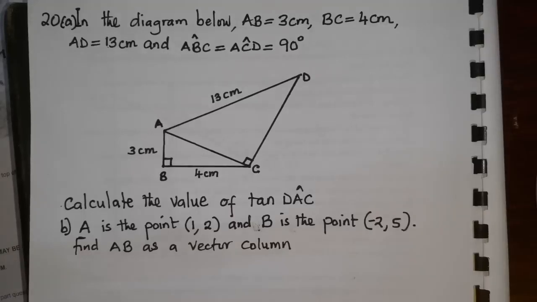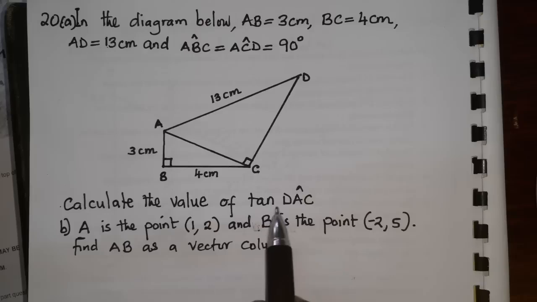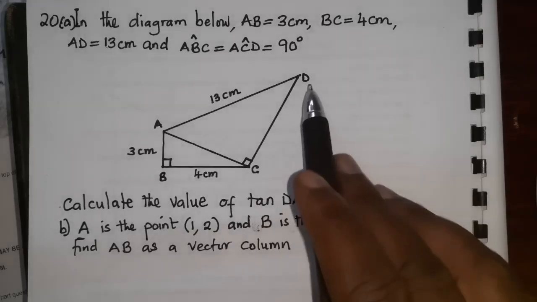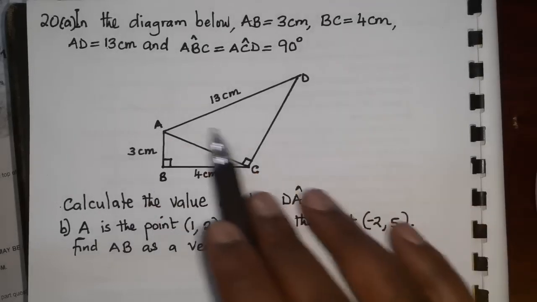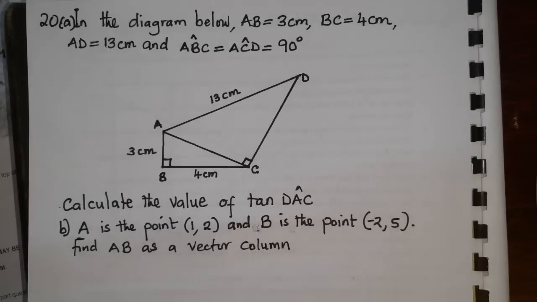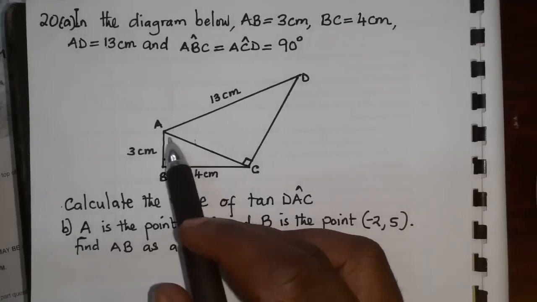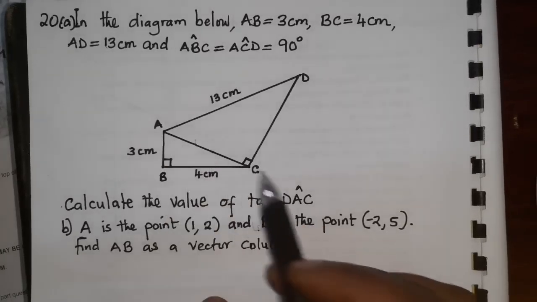So the question is: calculate the value of tan DAC. We are supposed, first of all, to find the value of this side. That is very important.